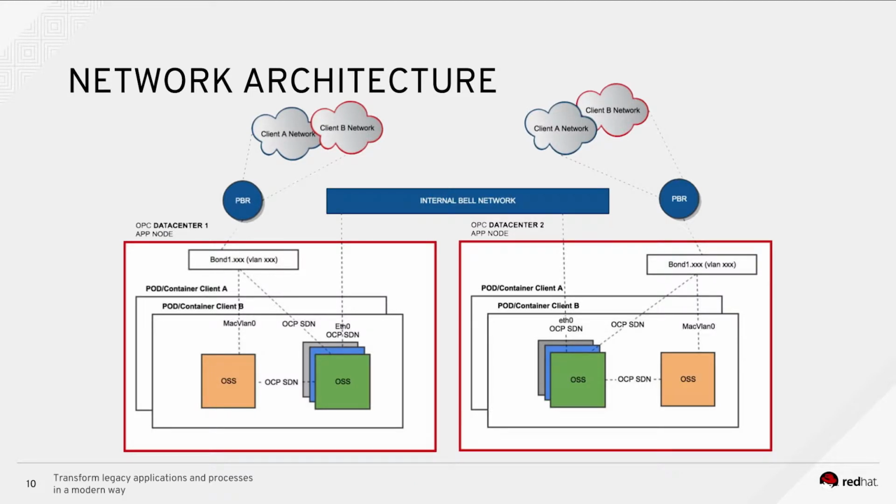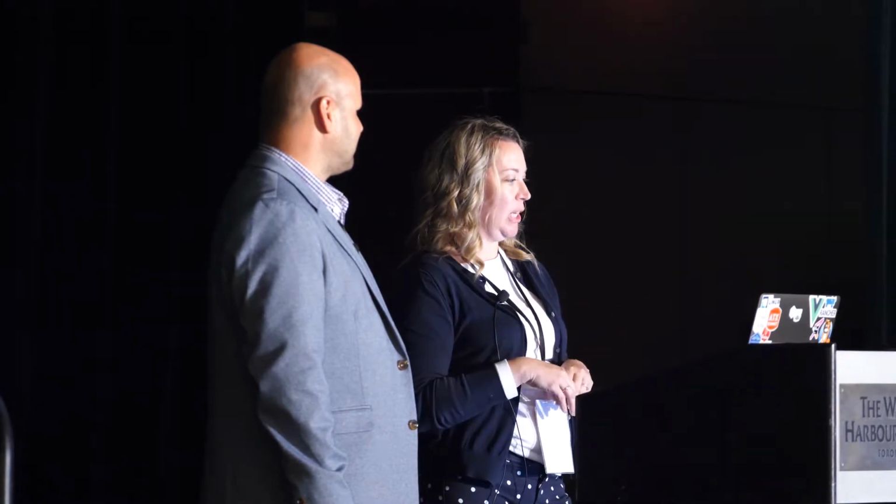One of the things about that architecture is that before containers, we were doing VMs in one data center and the other for high availability or DR, disaster recovery. So we wanted our container platform to have the same high availability across locations, but on-prem.